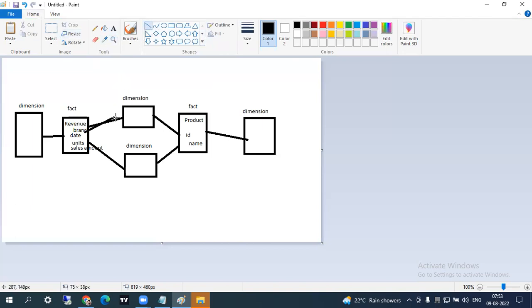For the branch, you will capture some dimensions such as branch ID, name, address. And for the date, we will capture date ID, year, month, quarter, or date. So these two fact tables would be sharing these two dimensions.